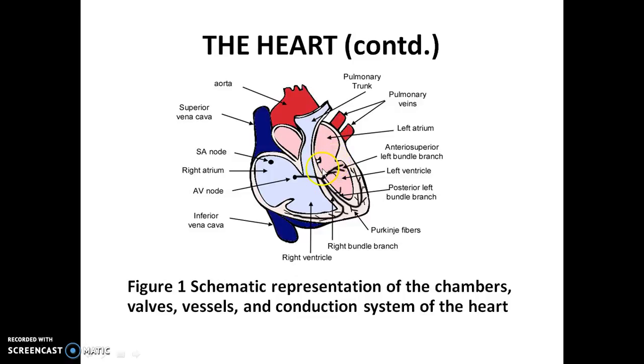That valve will open, and the blood from the left atrium gets transferred to the left ventricle. When the blood is completely filled in the left ventricle, the left ventricle will contract, and then it will pump the oxygenated blood to the different parts of the body through this tube called the aorta.